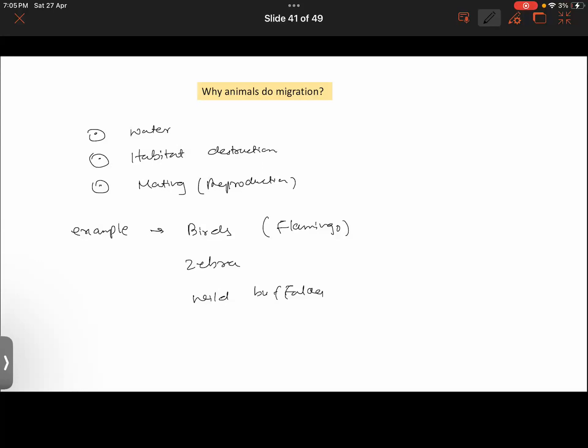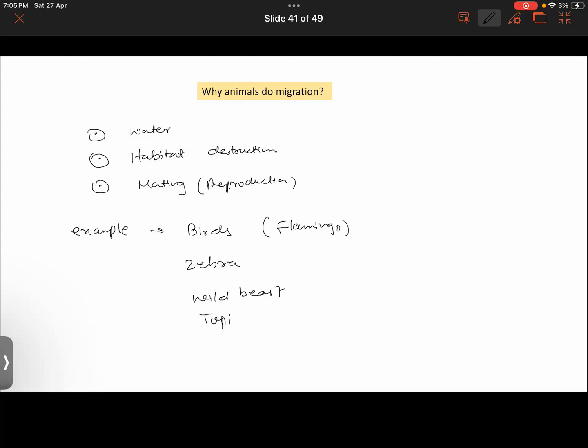Wild buffaloes will also be doing migration. Wild buffalo, or particularly its name, wildebeest. They would also be doing migration. You have another species of animal called topi. It is particularly found in Africa.